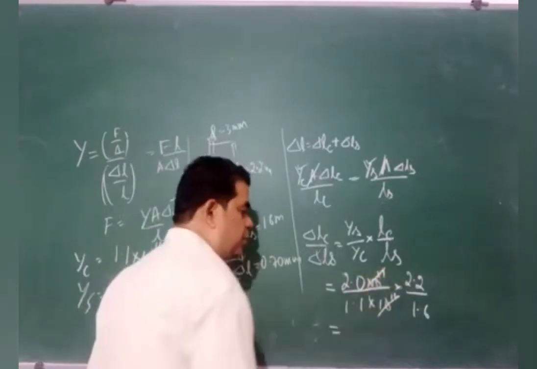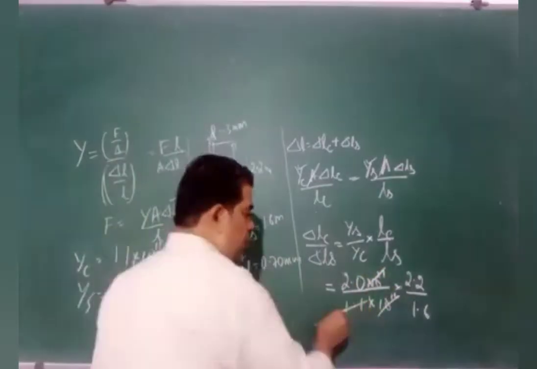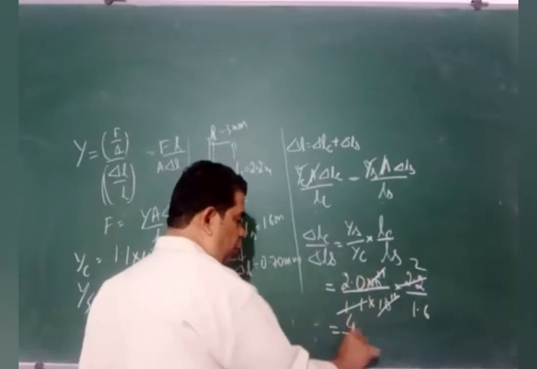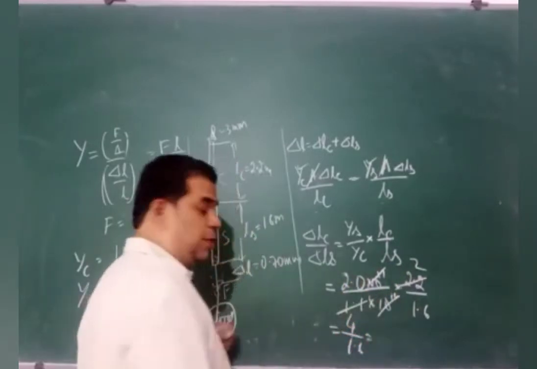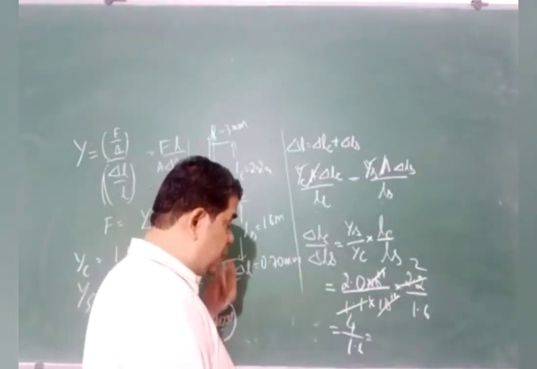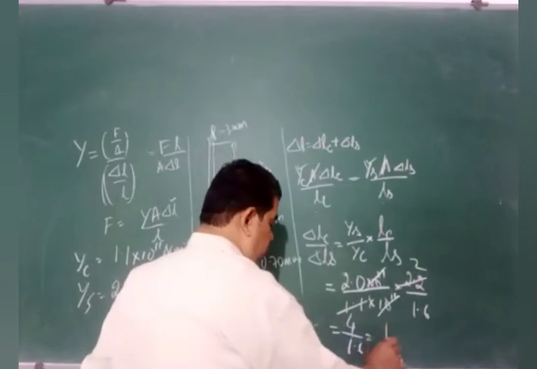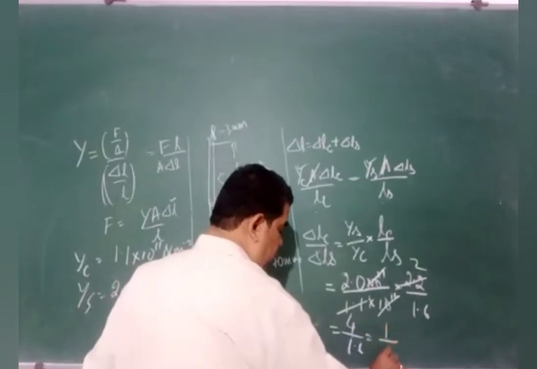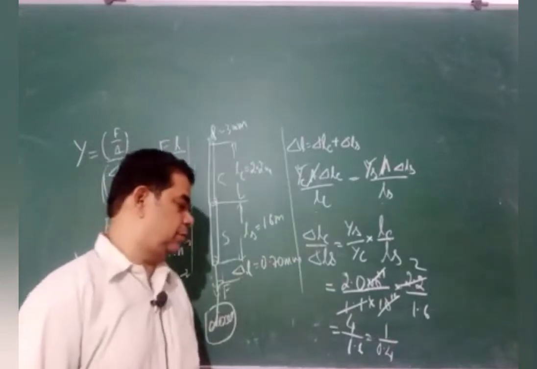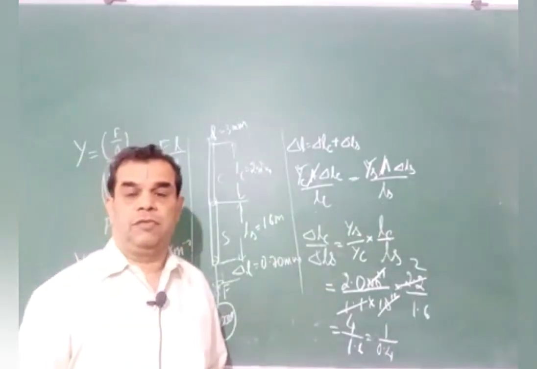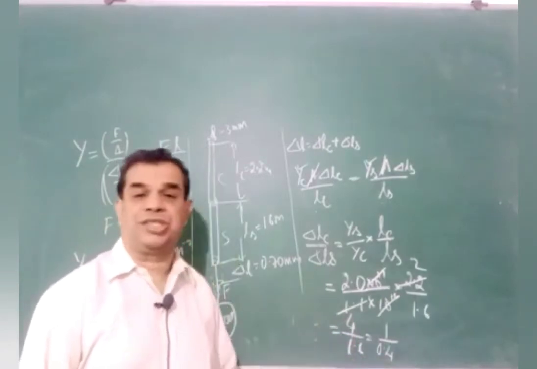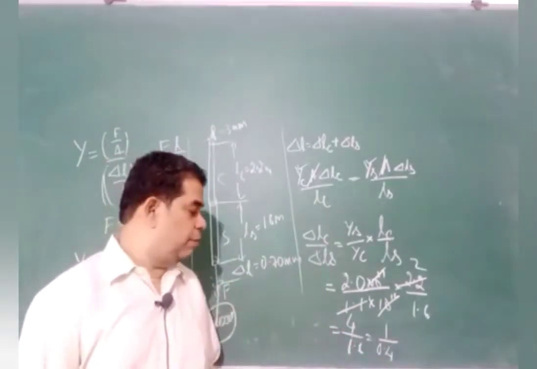10 raised to 11 goes there. 11 2s are 22, and 2 2s are 4. 4 by 1.6, how much is it? We can think of it like this: 1 by 0.4. 4 ones are 4, 4 4s are 16, 1.6, 0.4.